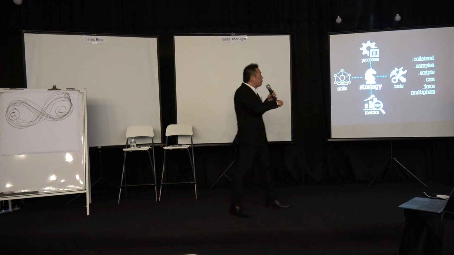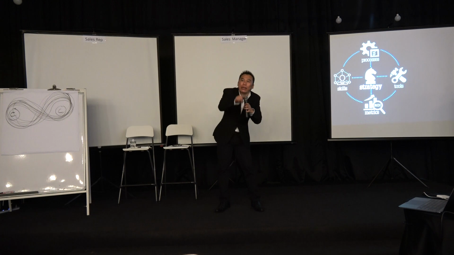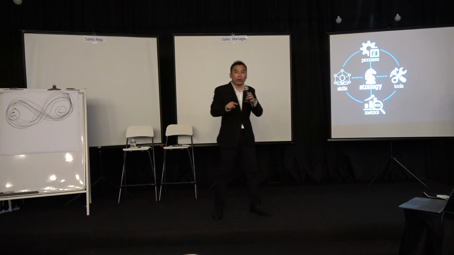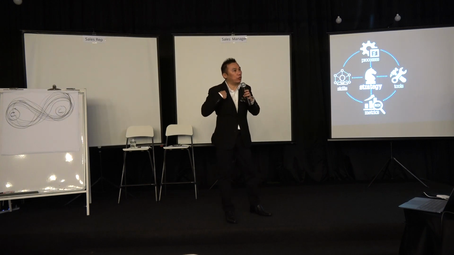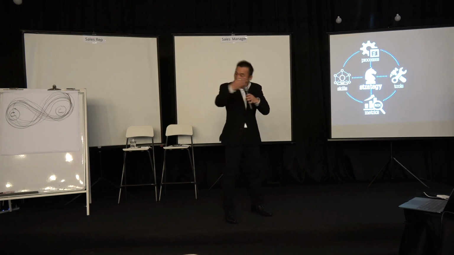So, I've covered all these 5 elements, but all these 5 elements must work symbiotically with each other. One cannot do without the other. Remember I said the human DNA, what happens if you have a mutation in one of your genes? It will cause complications and disease and whatnot.